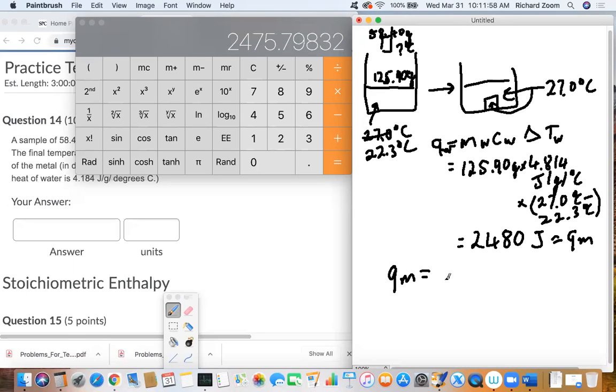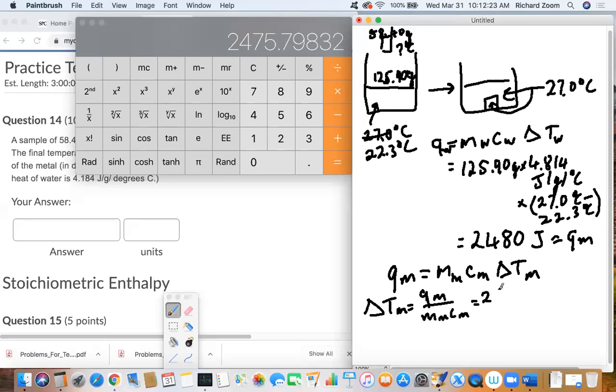Q_M equals mass of metal, C of metal, delta T of metal. We're looking for delta T of the metal, which is going to be the Q of the metal over the mass of the metal over the C of the metal.